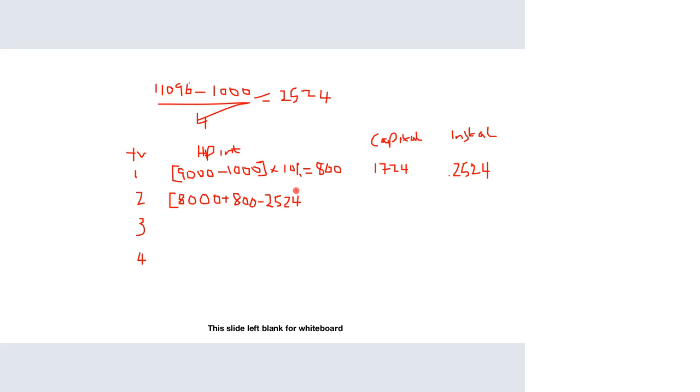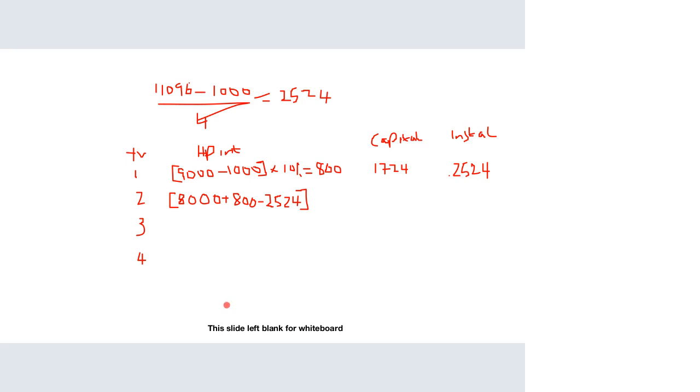I hope we are clear about that. So you take the outstanding balance. 9,000 minus 1,000, the outstanding balance in year 2 will be 8,000 shillings, plus the hire purchase interest that was supposed to be paid in year 1, which is 800, and then minus the installment that would have been paid by the time we are in year 2, which is 2524.